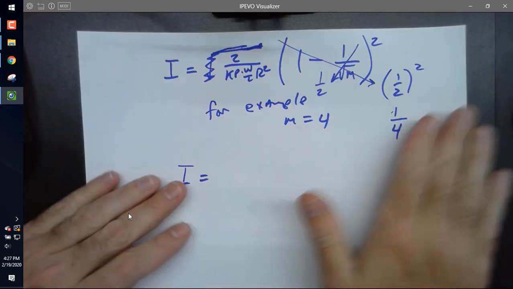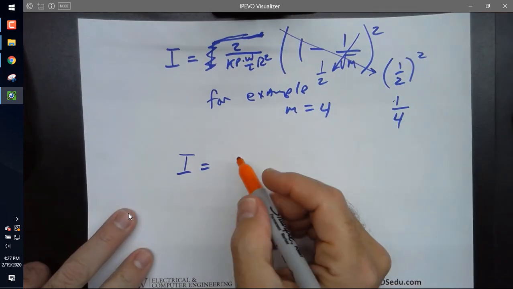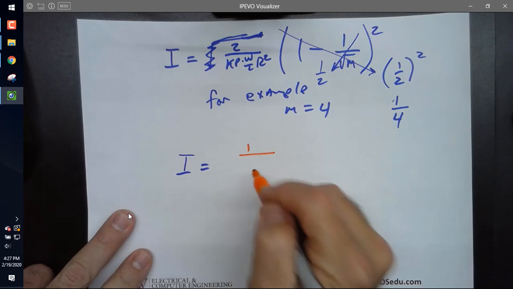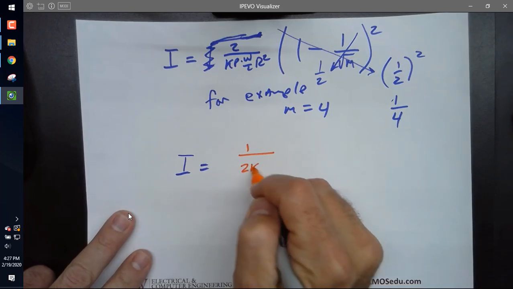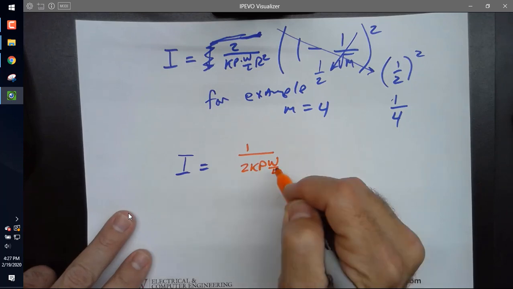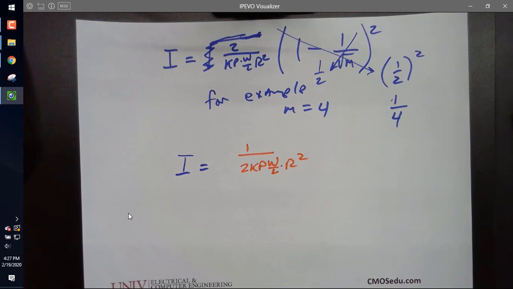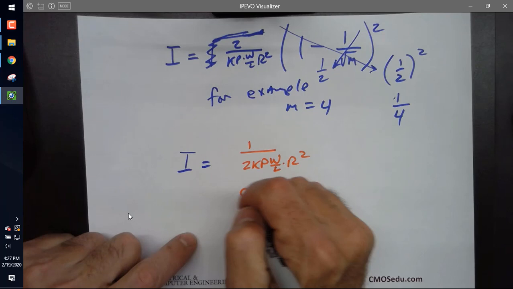All right, so for M equal 4, what do I get? I get I equals 1 over 2 KP W over L times R squared. Does anybody agree with that? Okay, and what is the value of gm equal to?